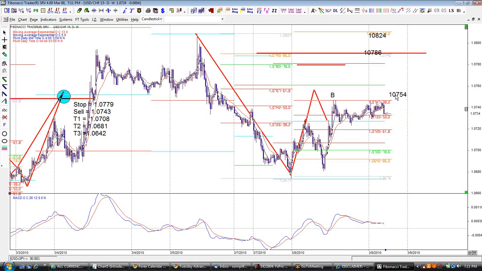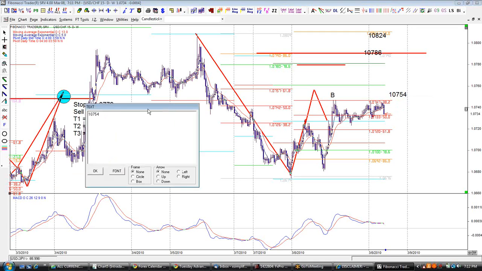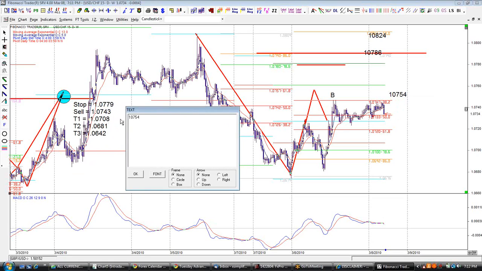So we either need to eliminate this limit or not enter the trade. I don't like trading one-to-one risk reward, and this is even less than one-to-one. The next target that we can have is 107.33.